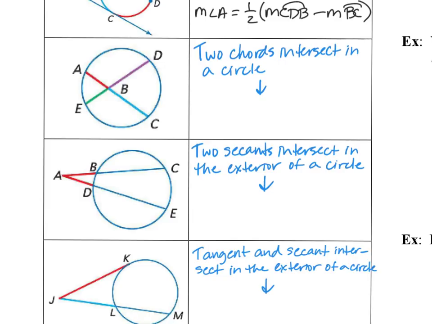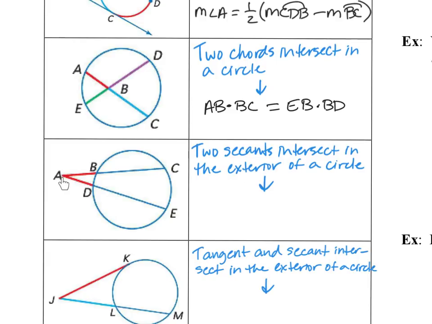In other words, we can take the product of AB times BC, so that's the product of the pieces of one chord, and that product will be equal to the product of the pieces of the other chord, which would be EB times BD.